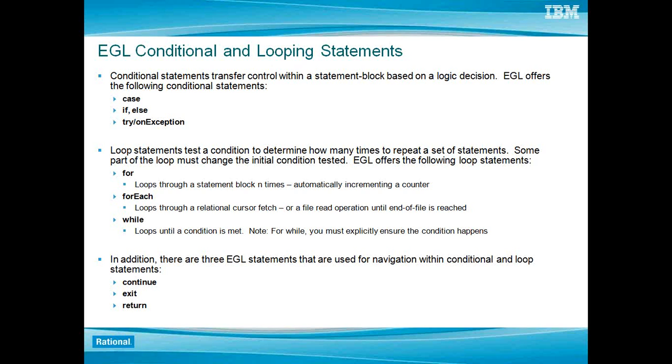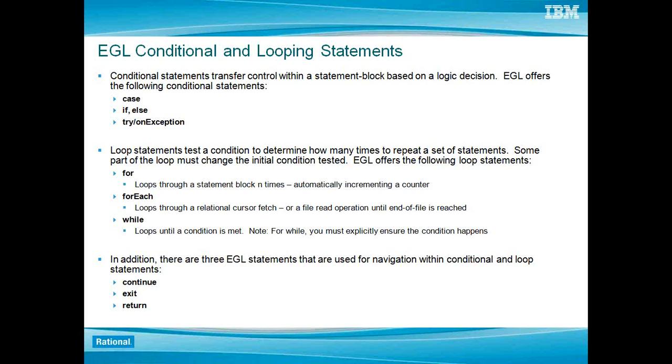We have 3 types of conditional statements: the case statement, if else statements, and the try on exception block. The try on exception block is similar to the try catch block we see in Java. For example, if you doubt that your code will generate an exception at runtime, then you put your code inside this try on exception block.